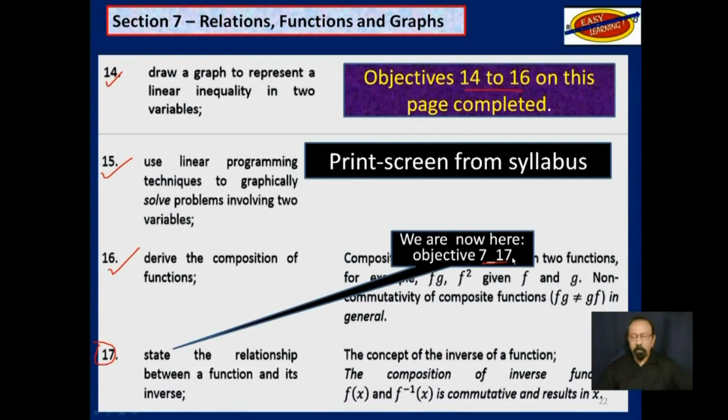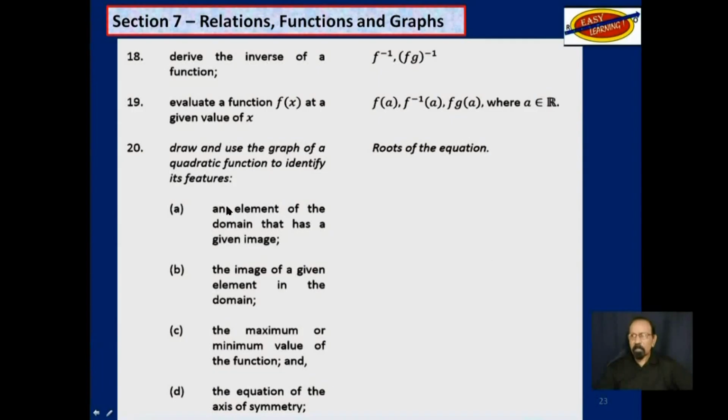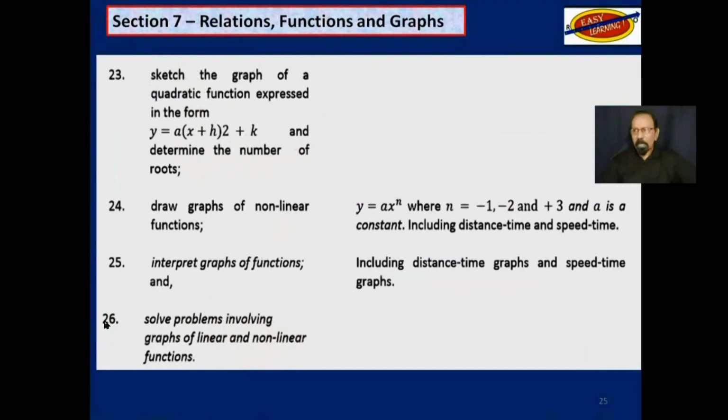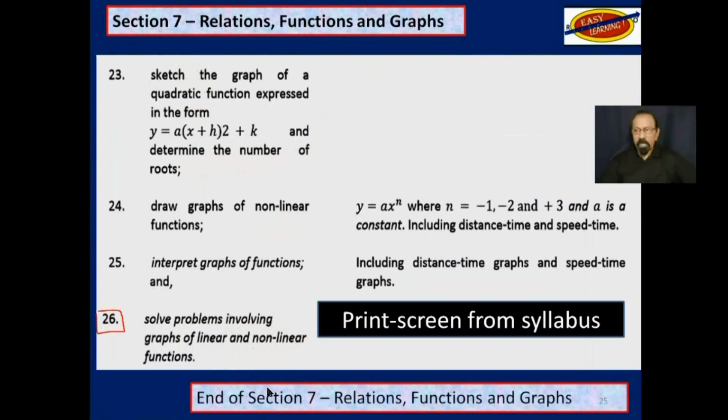Let's take a brief preview to know how far more we have to go in this section. That's up to objective 20. That's up to objective 22. And we finally reach objective 26, which will bring us to the end of section 7, relations, functions, and graphs.